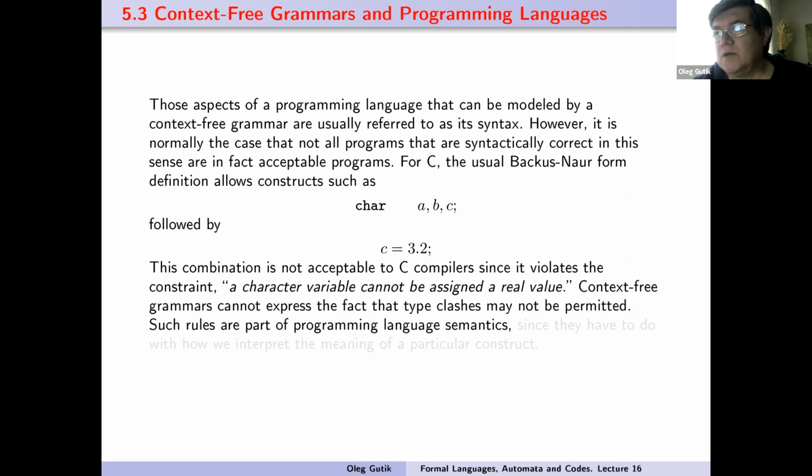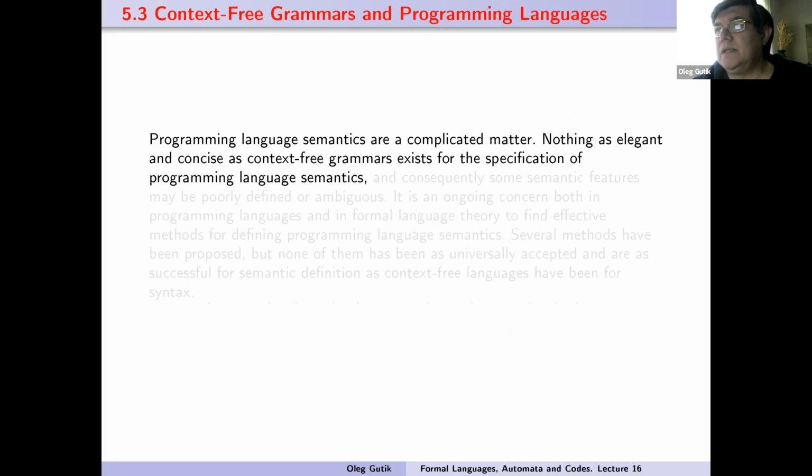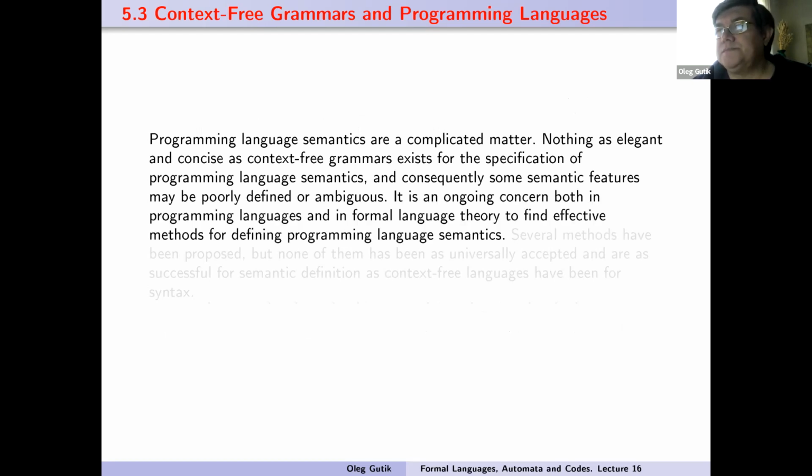Such rules are part of programming language semantics, since they have to do with how we interpret the meaning of a particular construct. Programming language semantics are a complicated matter. Nothing as elegant and concise as context-free grammars exists for the specification of programming language semantics. And consequently, some semantic features may be poorly defined or ambiguous.